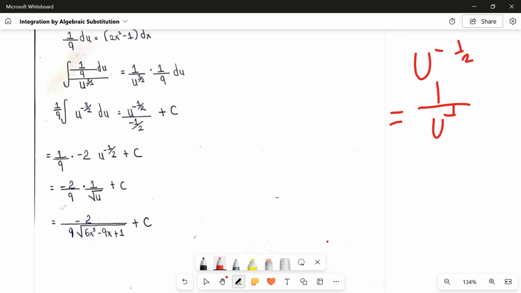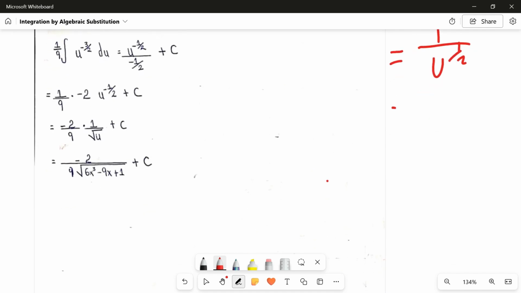Sorry about that. Let me erase this. U power a half. Okay, which can be further rewritten to 1 over the square root of u.